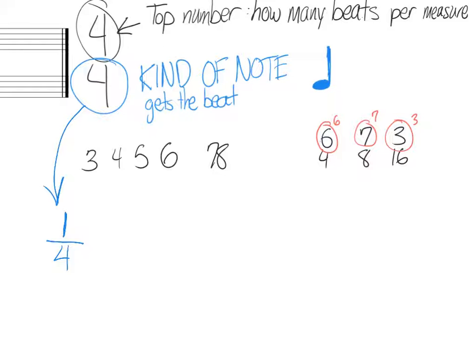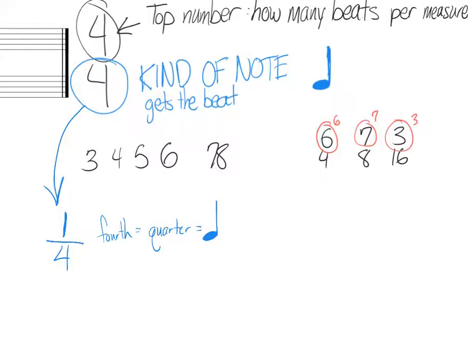And when you look at that fraction, just give it a name, just like it's math. All right, and then that's 1/4. And we also call that a quarter. So a quarter note gets the beat.